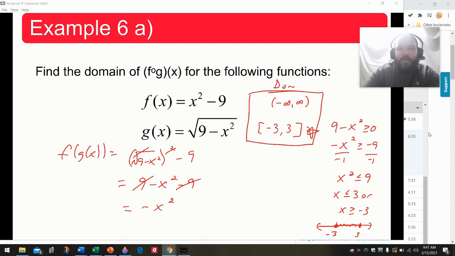This one says no, we can only have -3 to 3. So we need to combine those two restrictions and go by the strictest one, which is the domain for this function would still be -3 to 3, even though it looks like it wouldn't have any domain restrictions. You have to go by the function's domains that were used to create that composed function.